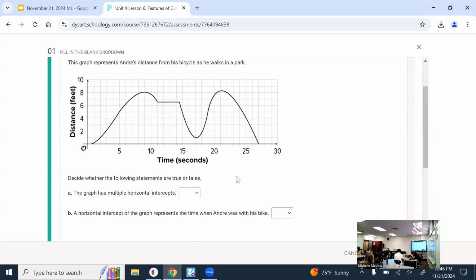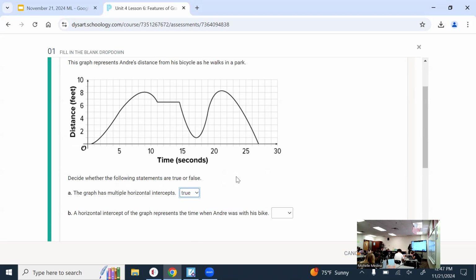Horizontal intercept is another word for x-intercept, actually, because think of the sun setting on the horizon. Our horizontal axis is also known as our x-axis. So do we have more than one place where it touches on the x? So we have multiple horizontal intercepts.